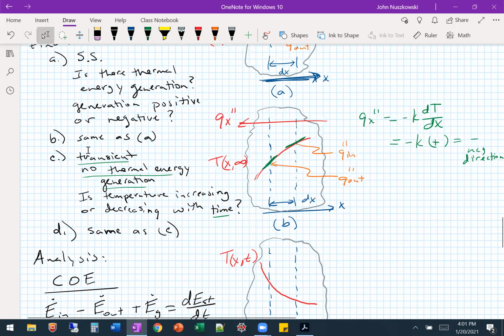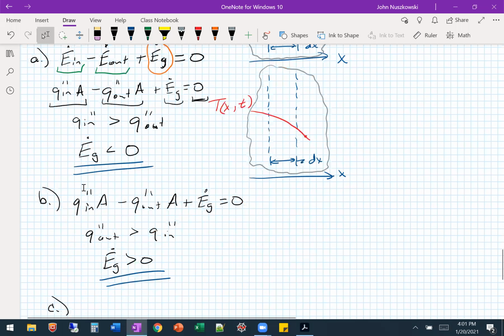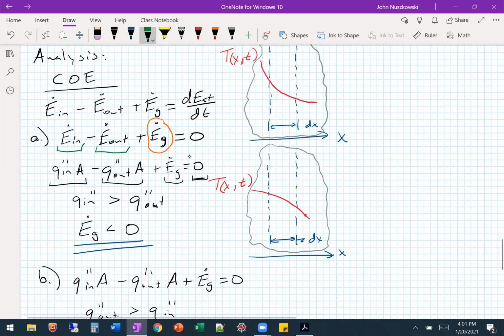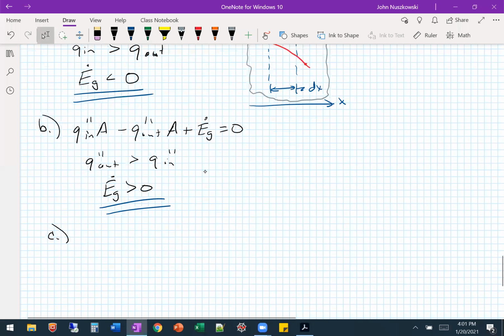So if we start back at our COE, there's no energy generated, but we have energy stored, okay? Professor, I must have forgotten, but transient just means energy generated is 0, right? No, transient means there's a change in the energy stored part.